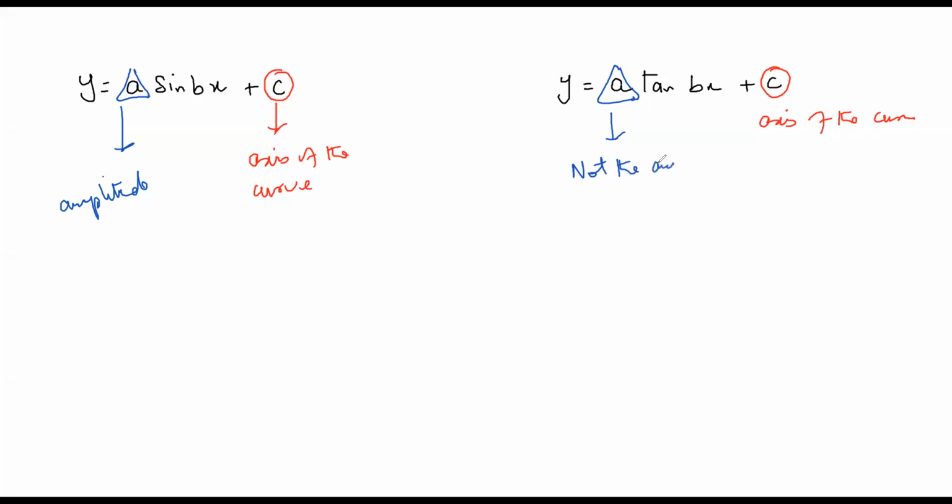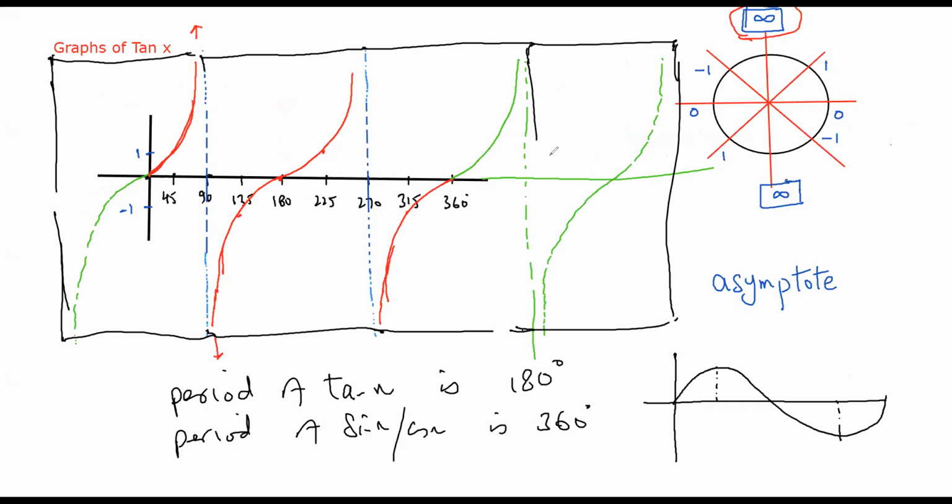That is one thing, because you have seen in your graph here, I can show you again, there is no maximum or minimum value. On the maximum this goes up to infinity, on the minimum this goes down towards negative infinity. So a in that case is not representing the amplitude, but this a will definitely help to determine this value of 1 over here.